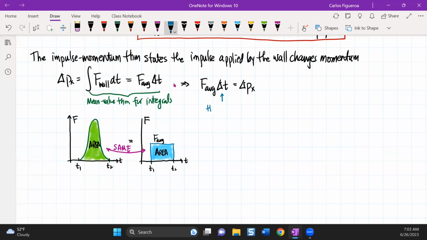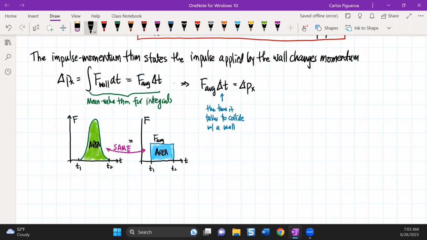This is the time it takes to collide with a wall. And you'll see what I mean by this.